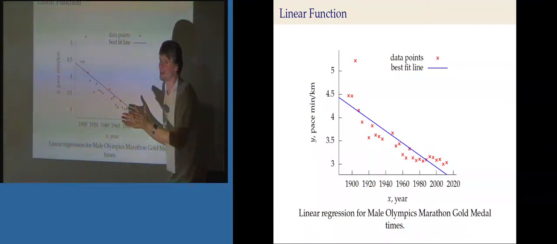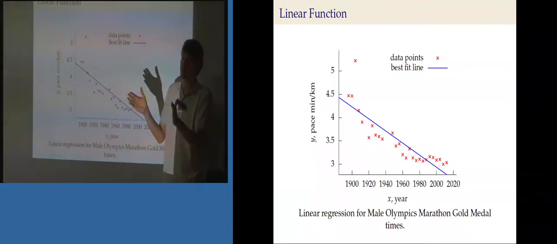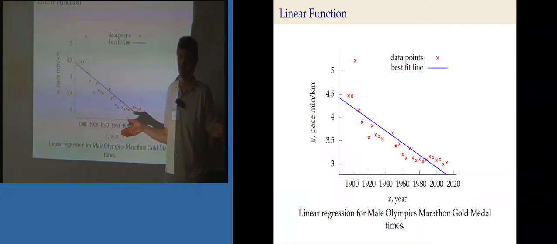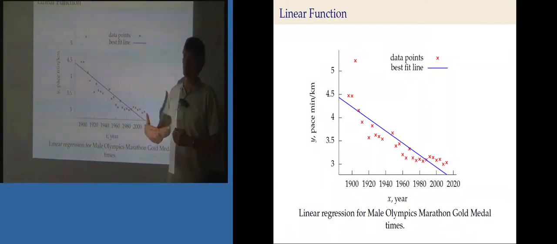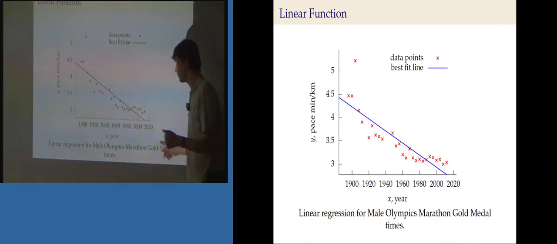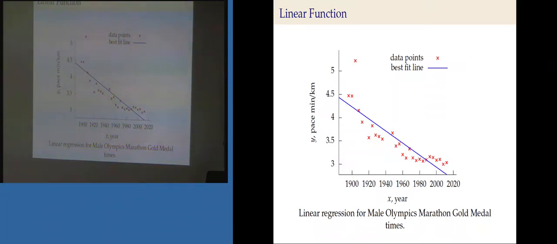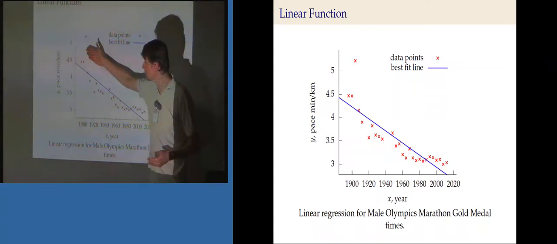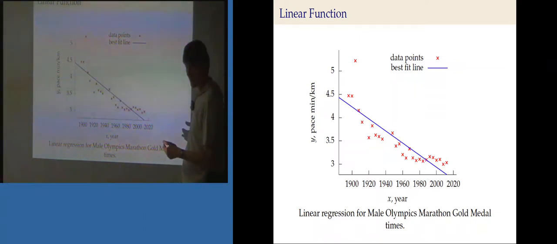Be aware, always be suspicious if you're fitting Gaussian densities to positive numbers. Times are positive; they can't really go negative unless you're looking at differences. So if you know your number's positive, just have a sanity check saying, do I really think it's Gaussian? Because Gaussians sustain negative numbers, right? This is going, in the future, to predict we'll run marathons in negative time. Now, one way you can prevent that, and it's often a sensible thing to do, is to take the log, and then it will sort of decay away.